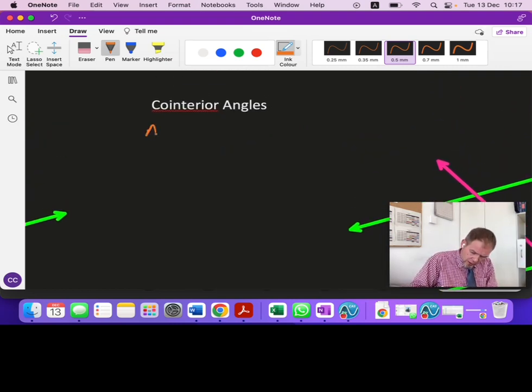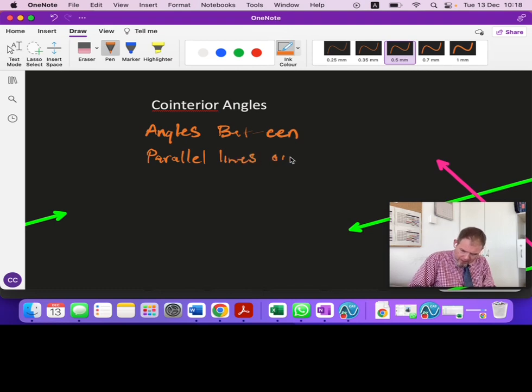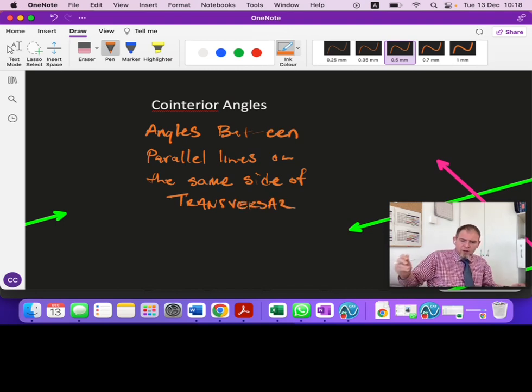So again, angles between parallel lines on the same side of the transversal, those are called co-interior.